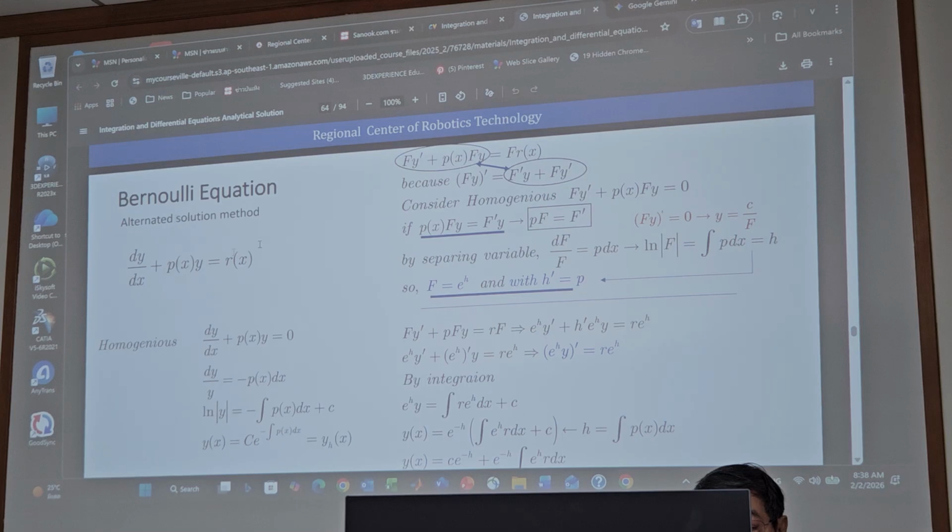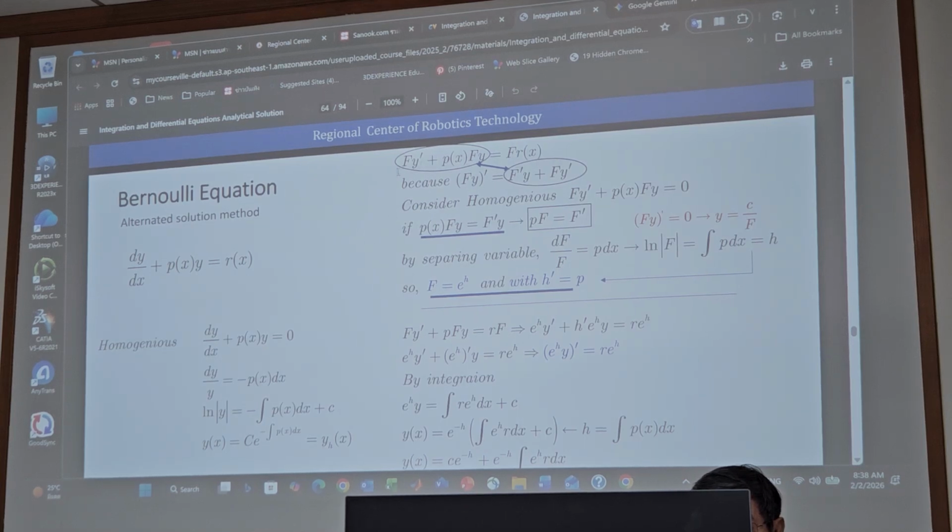Another method, we try to use an integrating factor. It's like an exact equation, or sometimes you say integration factor, something like that. But not exactly the same. But anyway, you see this one, another method. We can use the exact equation, right?